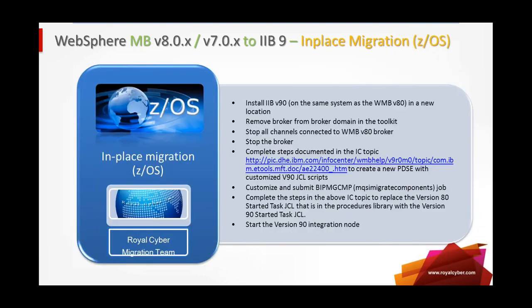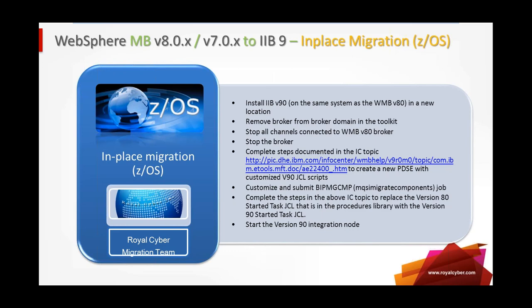Let's move to the next slide, which talks about the in-place migration for the z/OS system. The steps are a little bit different, but more or less the same. You have to install your IIB 9 version on the same machine but in a new location. Then you have to remove your broker from the toolkit domain. Then you have to stop all the channels for your older broker and stop the broker. Then one thing you need to do is work with your JCL scripts, right?